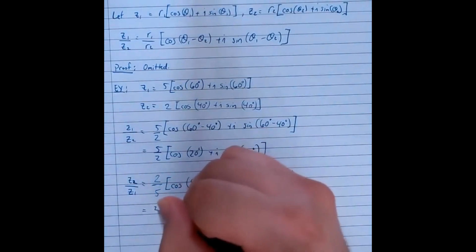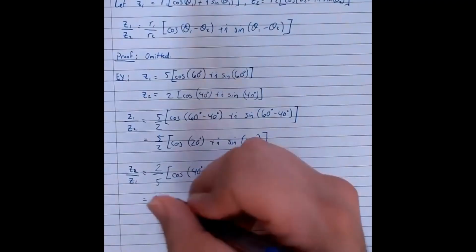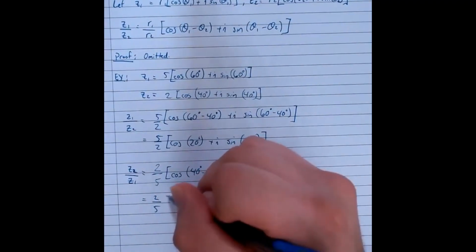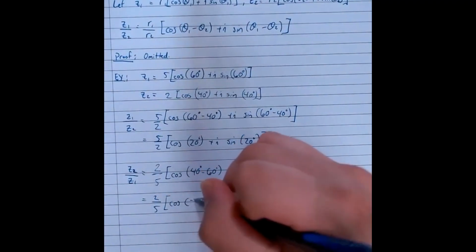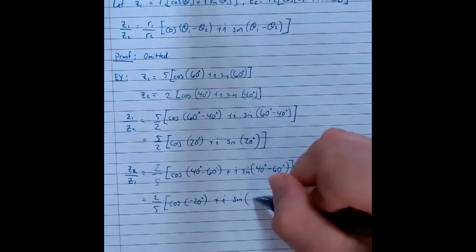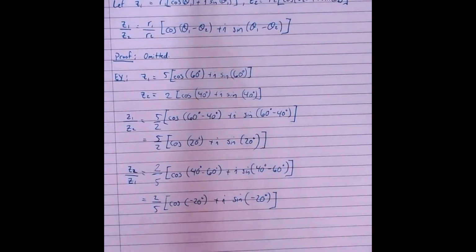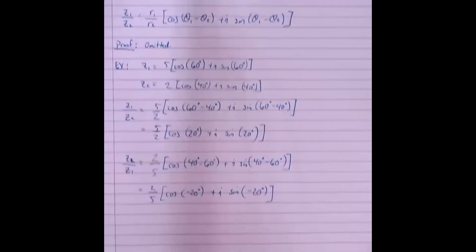So this would give you not 5/2 times the cosine and sine of 20 degrees, but you would rather have 2/5 times the cosine of negative 20 degrees plus I times the sine of negative 20 degrees. Right, so be mindful of that. The order does matter with division. With multiplication, it didn't. But there's our result.